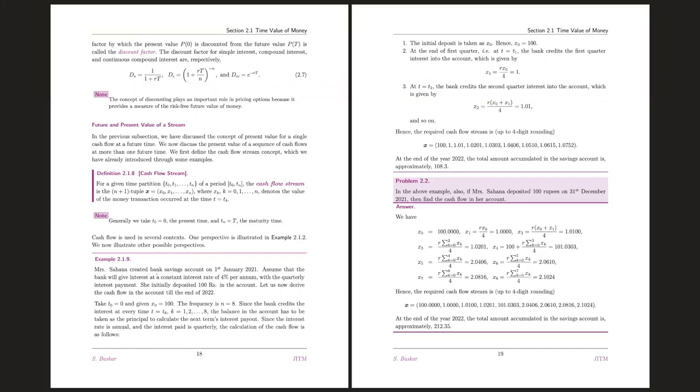Sahana created a bank savings account on 1st January 2021 and the bank gives 4% per annum with a quarterly interest payment. She initially deposited 100 rupees in the account and now we want to derive the cash flow in the account. That is the problem.